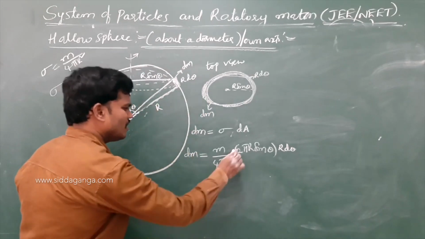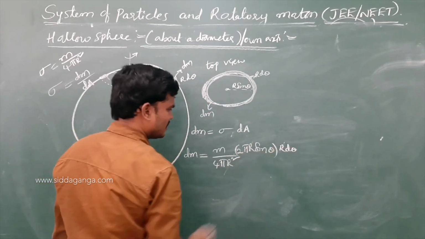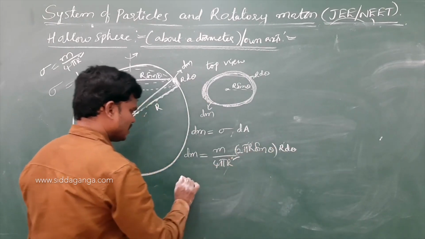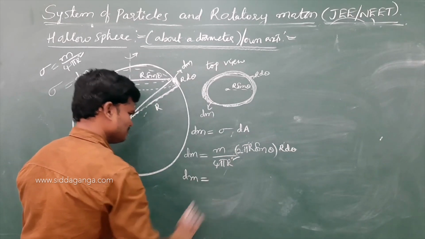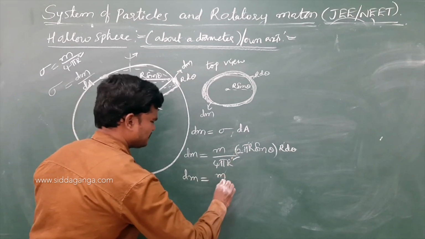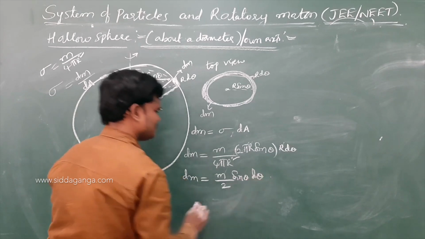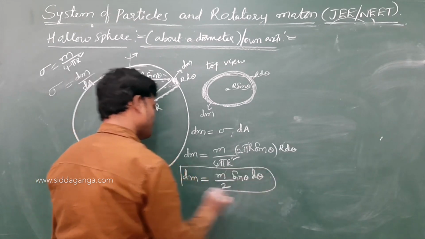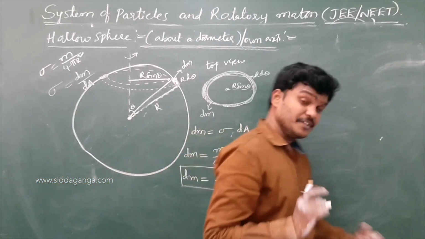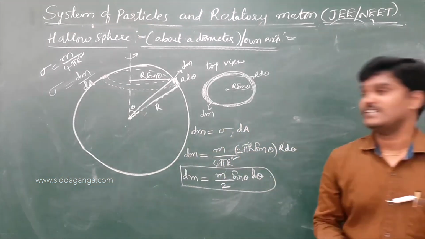So R square, R cancels. 2 pi, this is 2. So what is dm? I am getting M by 2 sin theta d theta. So the small mass is M by 2 sin theta d theta.